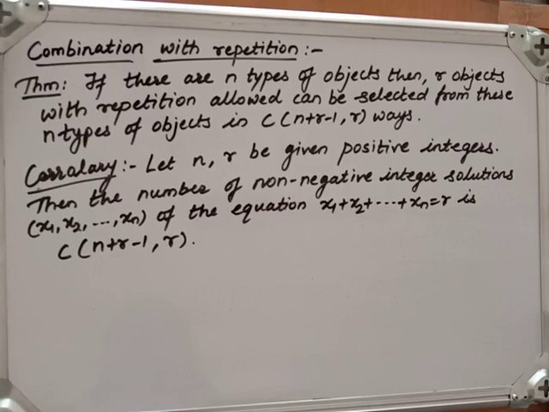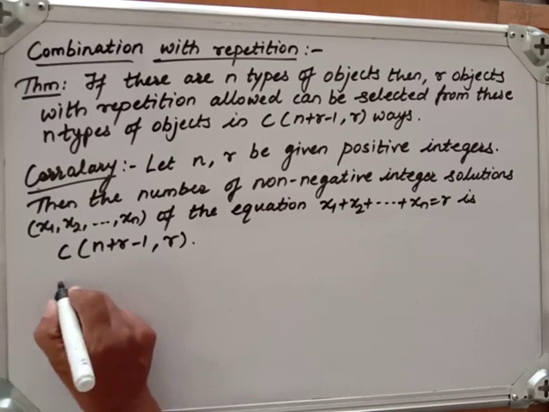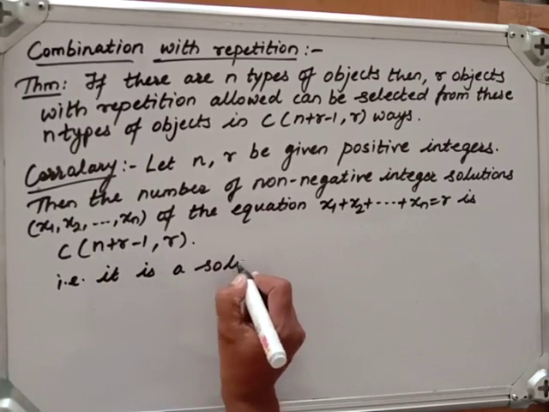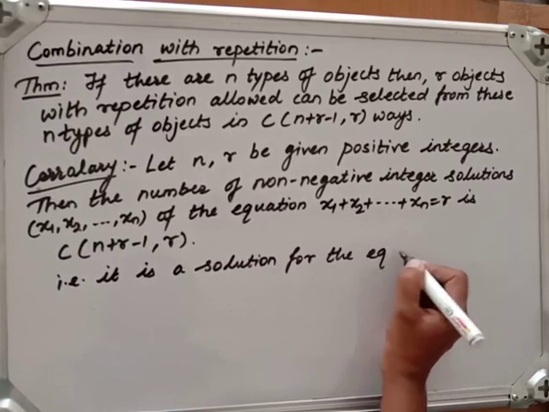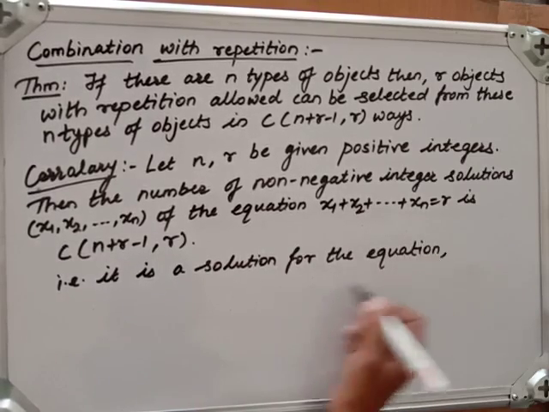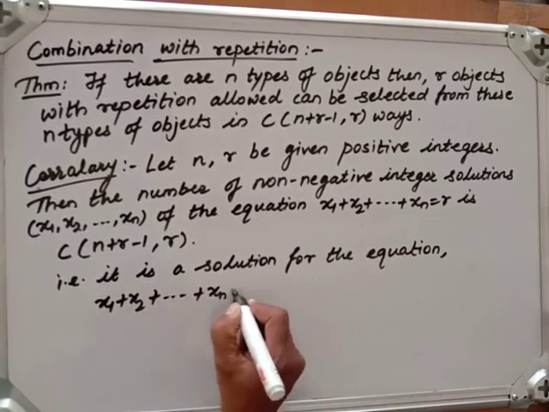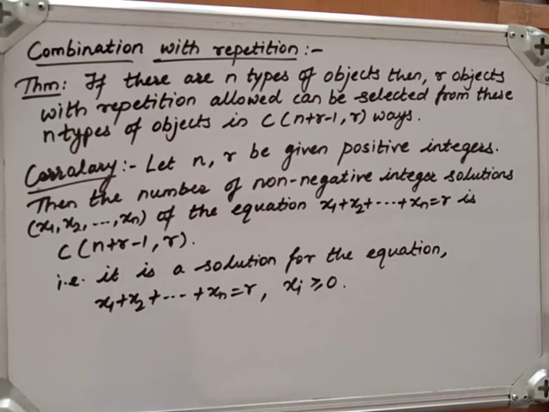Then any r-combination of n elements with repetition corresponds to a solution where each xi is greater than or equal to 0, that is, a solution for the equation x1 plus x2 plus so on up to xn equal to r with xi greater than or equal to 0.